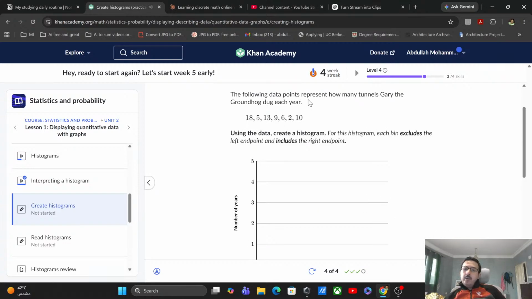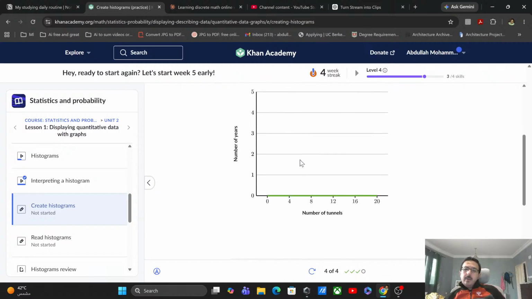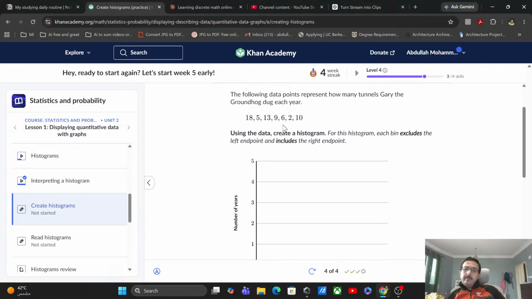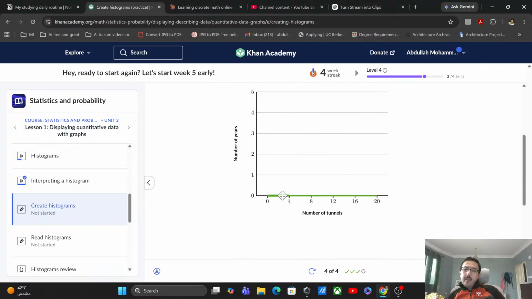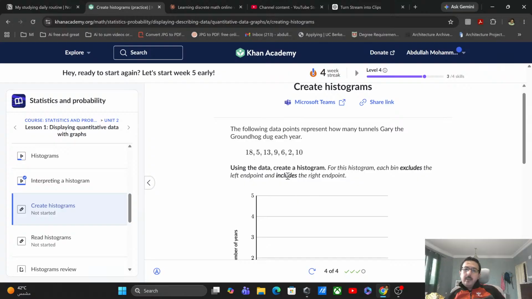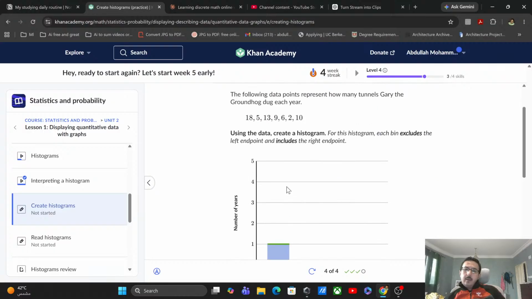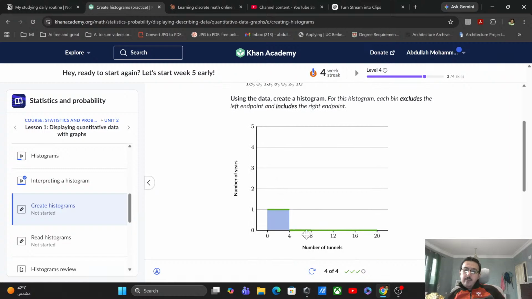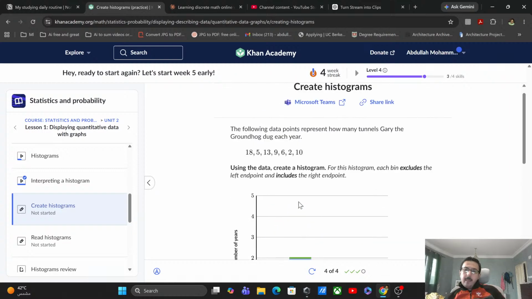The following data points represent how many tunnels Gary dug each year. So 0 to 4, get 1. Just did this. 4 to 8, got 6, 5, 2.